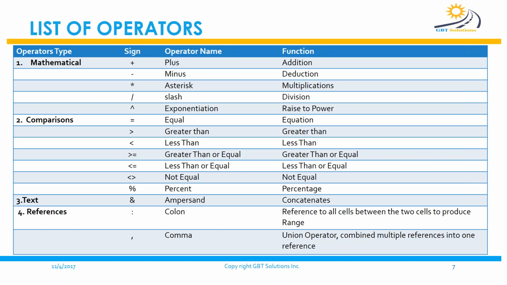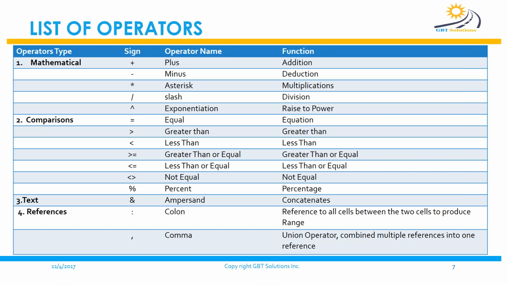Slash is for division, and then we have the caret for the power. We have the comparison operators, such as equal, greater than, less than, greater than or equal, less than or equal, not equal, and percentage.